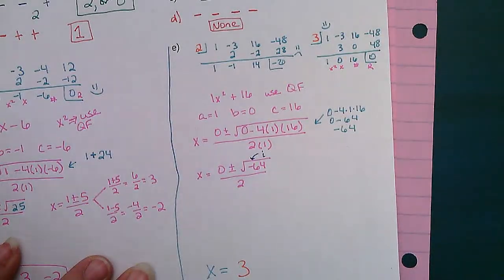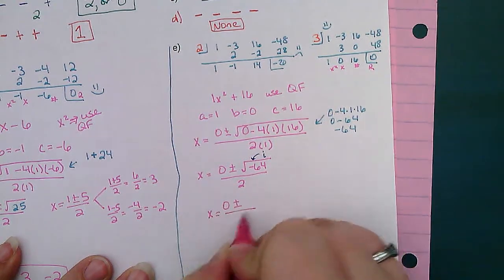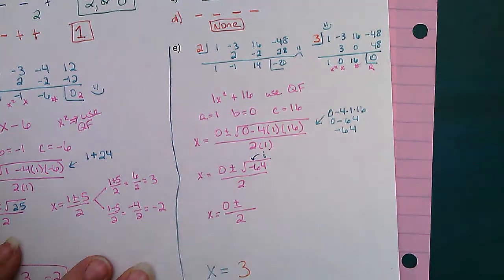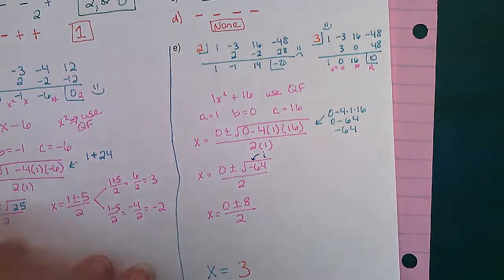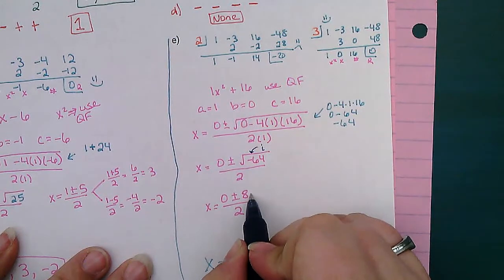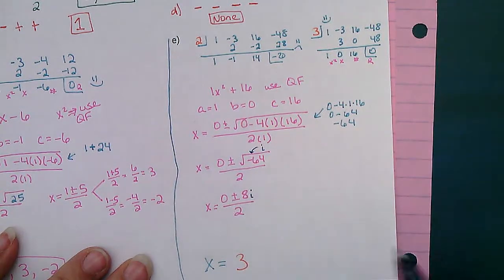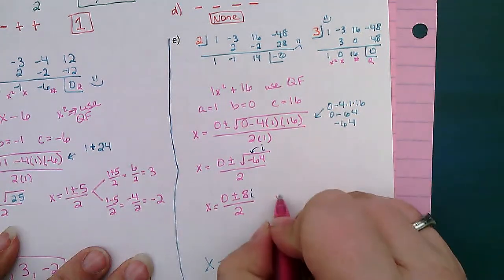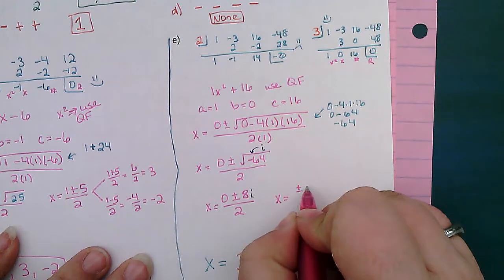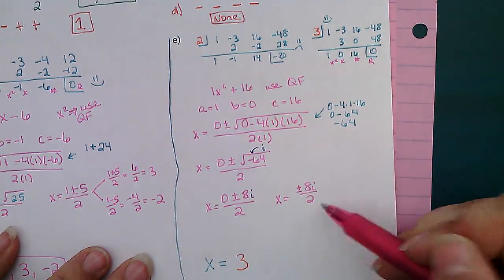So this is going to be 0 plus or minus the square root of 64 is 8. So I'm going to have 8. But remember, I had that negative, so there has to be an i. Okay, so 0 plus or minus 8i isn't really going to change that. So I'm just going to switch this around to be plus or minus 8i divided by 2. Okay, so can I divide 8 by 2?